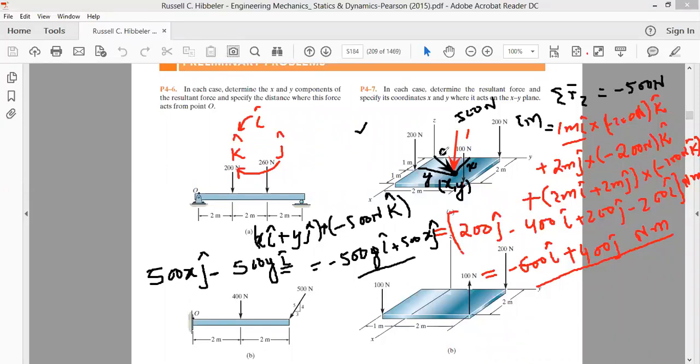Now 500 Newton force, when it has been positioned at a coordinate x comma y, it should produce the same moment as the moment which was already present at point O. That moment was equal to this much.